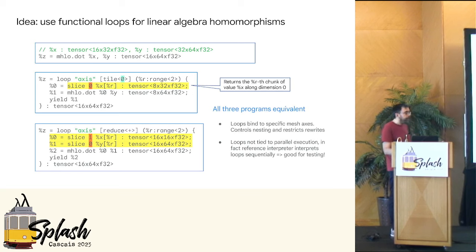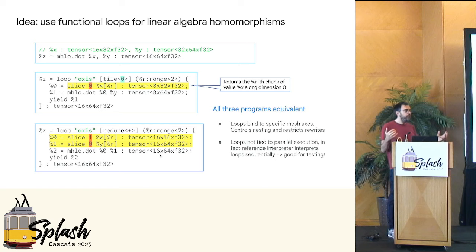Of course, there are more ways that you can see a matrix multiplication homomorphism. There's the contracting dimension as well, the dimension of size 32 here in the middle. So you can say, if I slice my first operand on dimension 1, and if I slice my second operand on dimension 0, then if I do a matrix multiplication, every time I get a chunk of 16 by 64, the full matrix size.